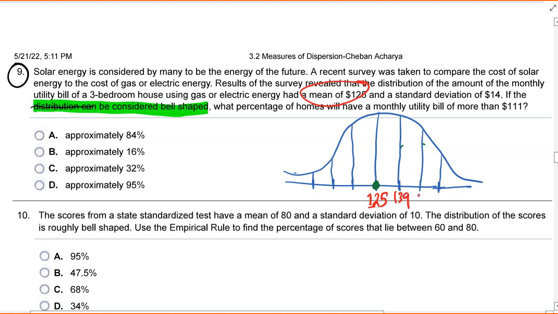Next is going to be 153. Next is going to be 167. If you go below the mean, you have 125 minus 14, which is 111, and 111 minus 14 is 97. 97 minus 14 is 83.